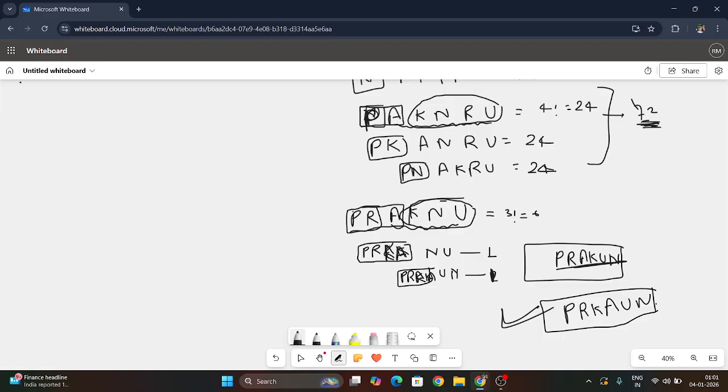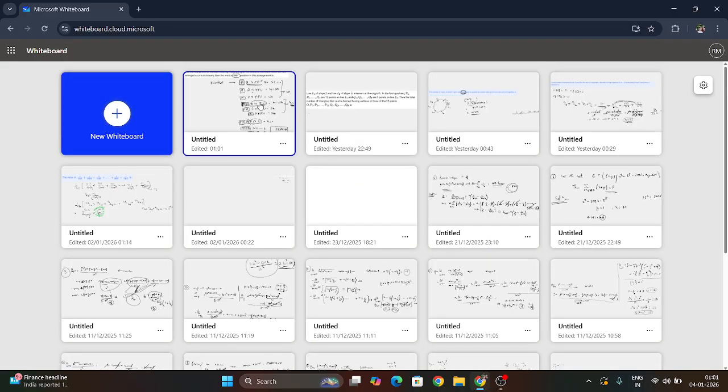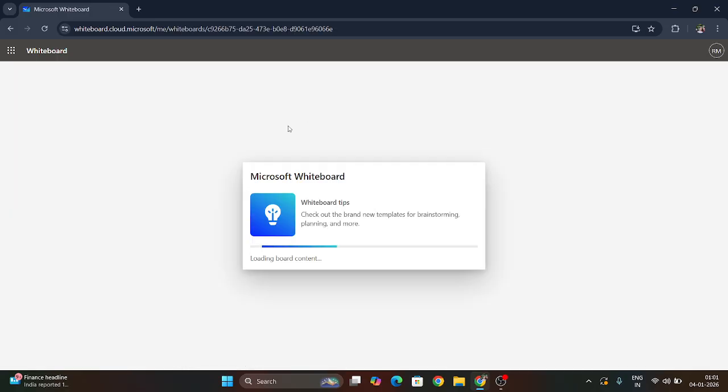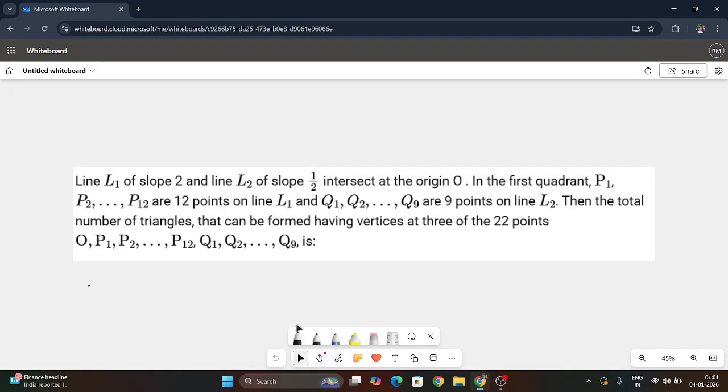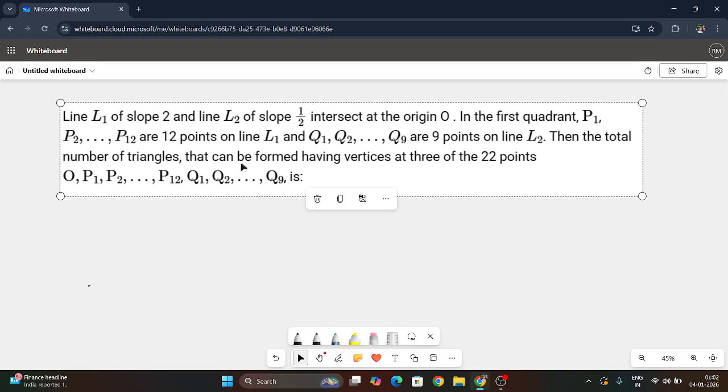Okay, and next question is, okay, let's see this question. This question is also a really very good question, and this is a question of JEE Main. Okay, so let's solve this question one by one.